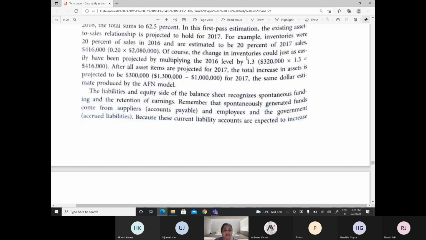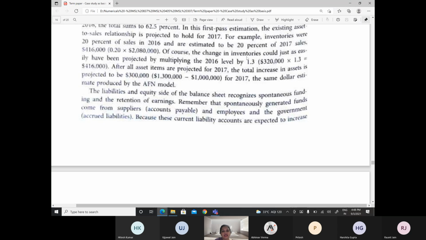After all asset items are projected for 2017, the total increase in assets is projected to be 300,000. That is 1.3 million minus 1 million for 2017, the same dollar estimate produced by the AFN model. The liabilities and equity side of the balance sheet recognizes spontaneous funding and the retention of earnings.